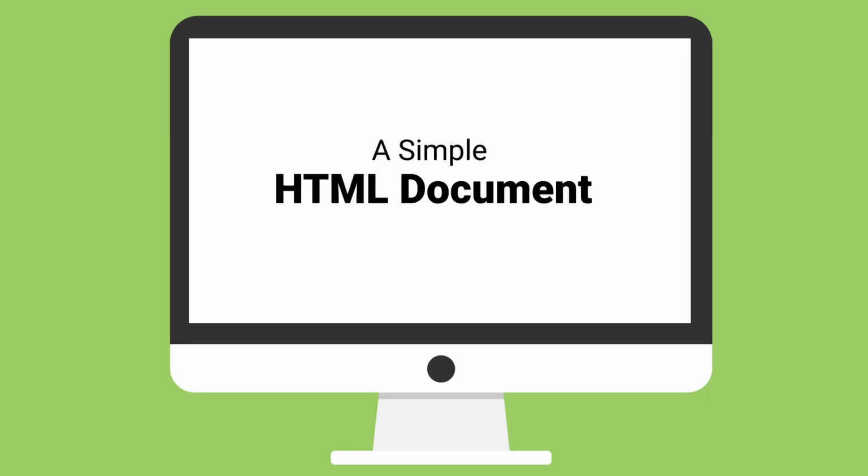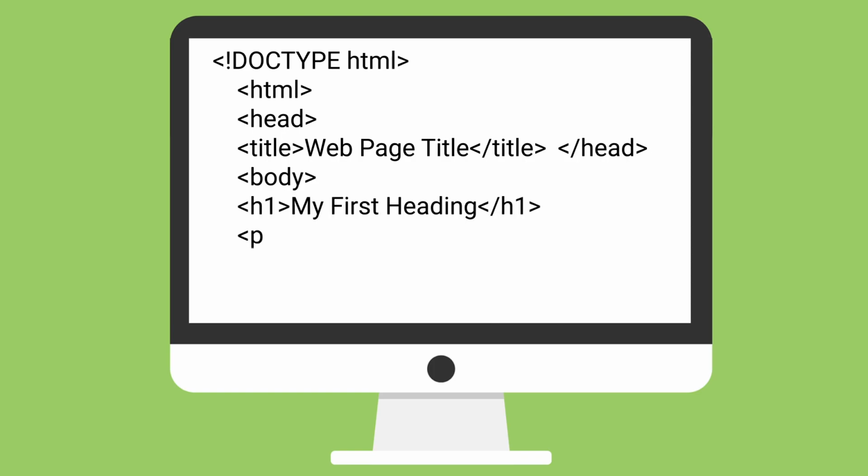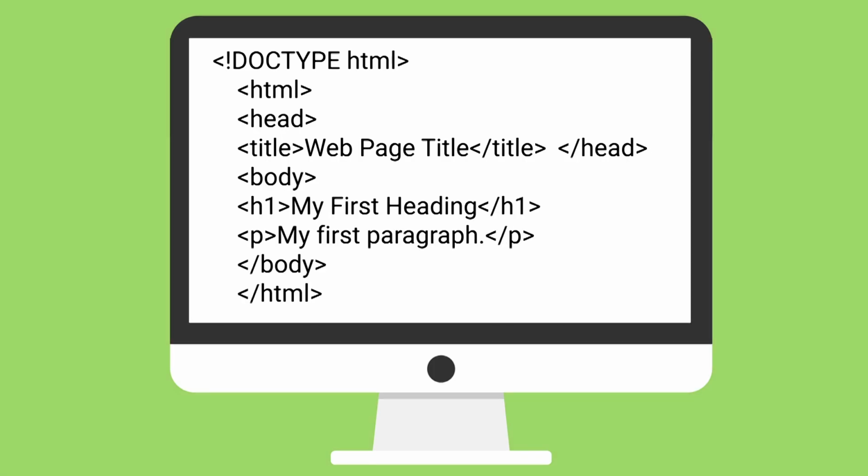What you can see right now is a sample HTML code, a very simple HTML document. The HTML code starts with the document type declaration, DOCTYPE HTML. Then it starts with the HTML element, and the head, then the title, and ends with the head, then the body. Here, My First Heading is the heading, and subsequently there is one paragraph.